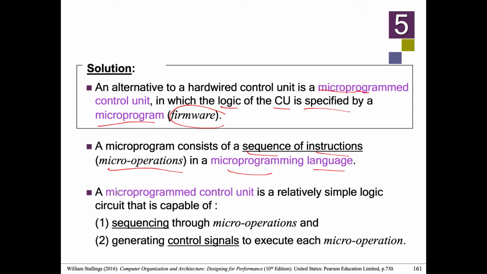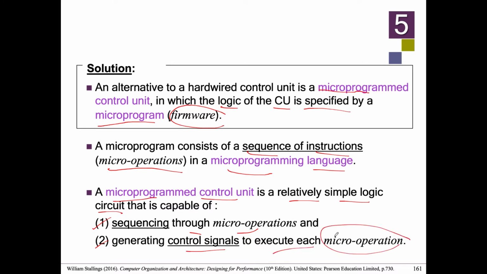A microprogram control unit is a relatively simple logic circuit that is capable of, one, sequencing through micro operations, and second, generating control signals to execute each of your micro operations.